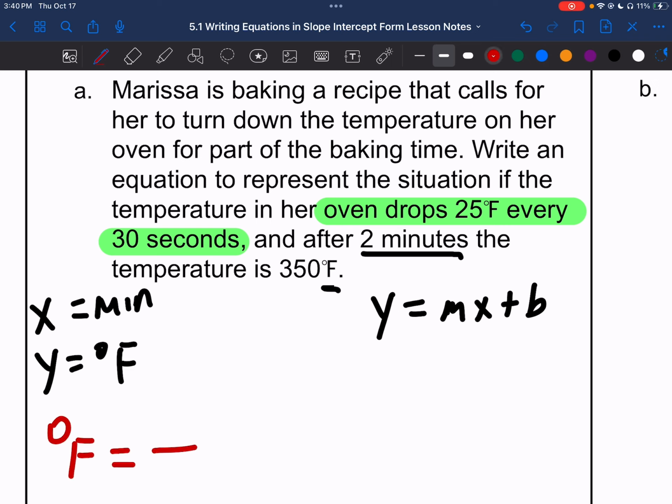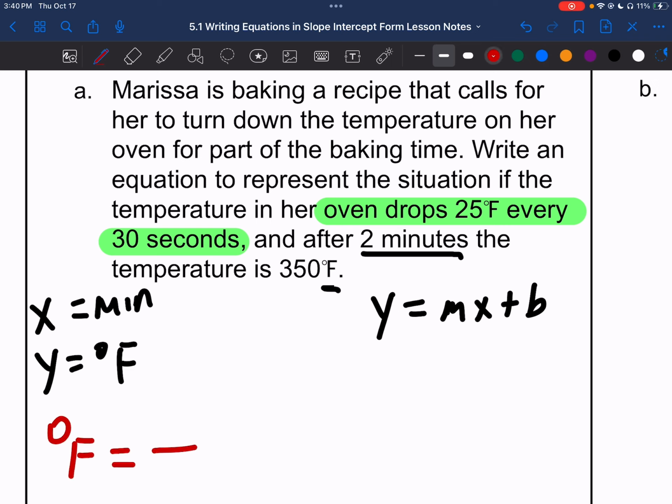And so in order for that to work, we need degrees Fahrenheit per minute. Now, if we're going to do that, we need to convert that 25 degrees every 30 seconds into a rate dealing with minutes. And so 25 degrees every 30 seconds, if I bring that to a minute, we multiply it by 2, that's 50 degrees per minute. Right? We have 2 intervals of that happening.